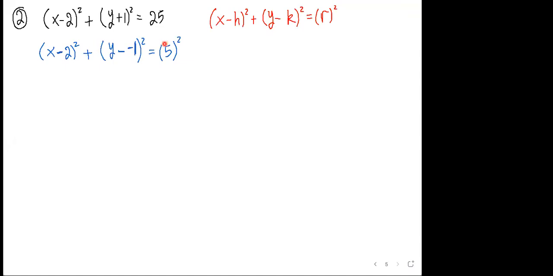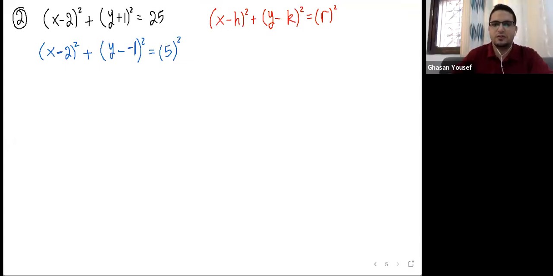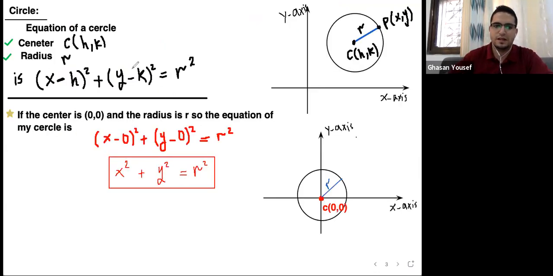Why? Because in the equation of the circle, like we said before, if we go back to the previous slide, the center is h positive and k positive, but when we plug it into the equation of the circle, they become negatives. Look, (x minus h) squared plus (y minus k) squared, but the center we flip the sign: positive h and positive k.